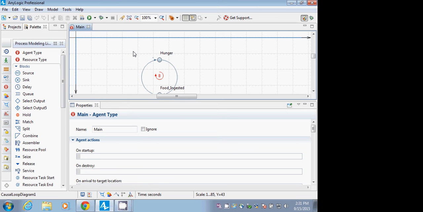So we might have a population, and into it come births, out of it come deaths, and the stock represents the current population size, or sometimes we just abbreviate it to say the population.